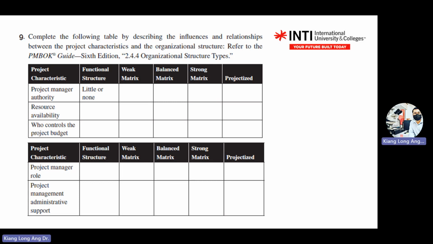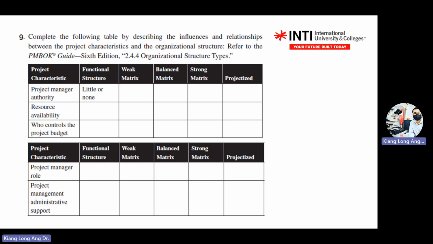To me it's a very thick handbook, but based on the instruction here, you can just go and see the organization chart there. So I just give you some of the answers here.